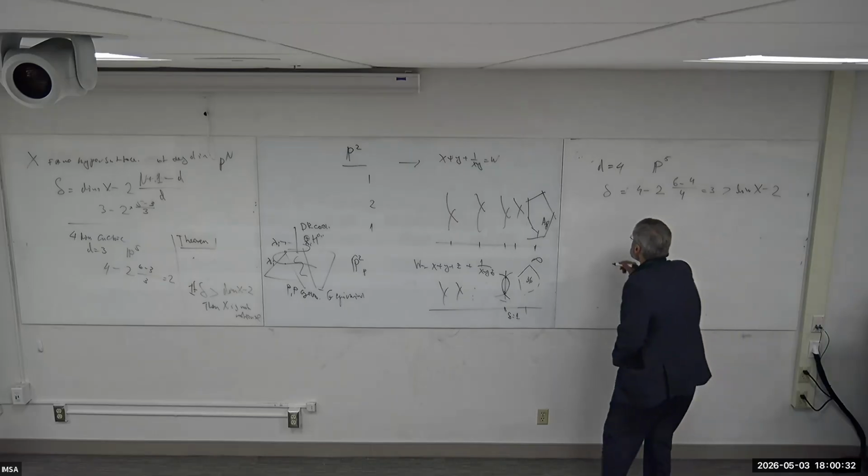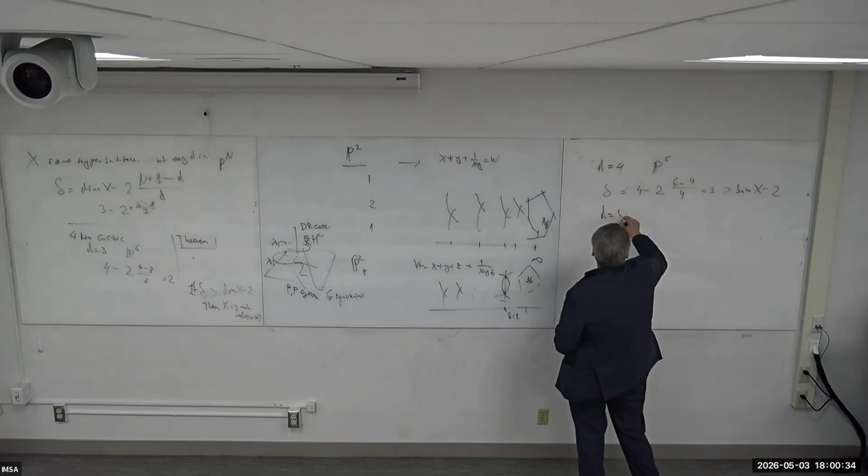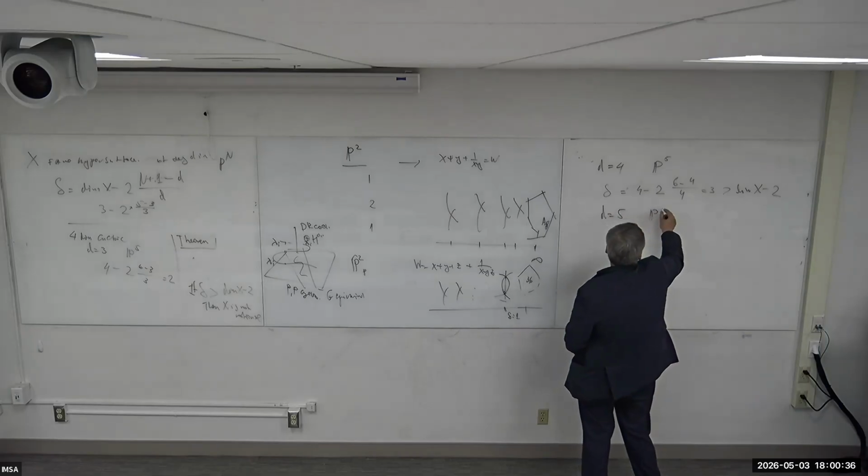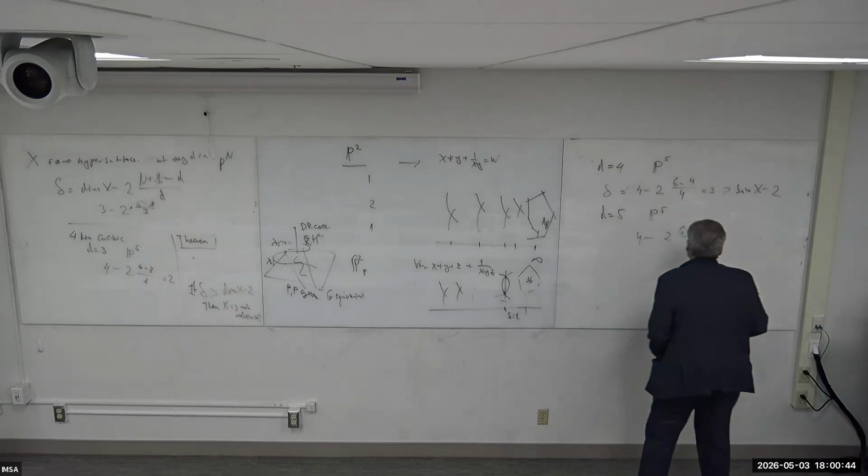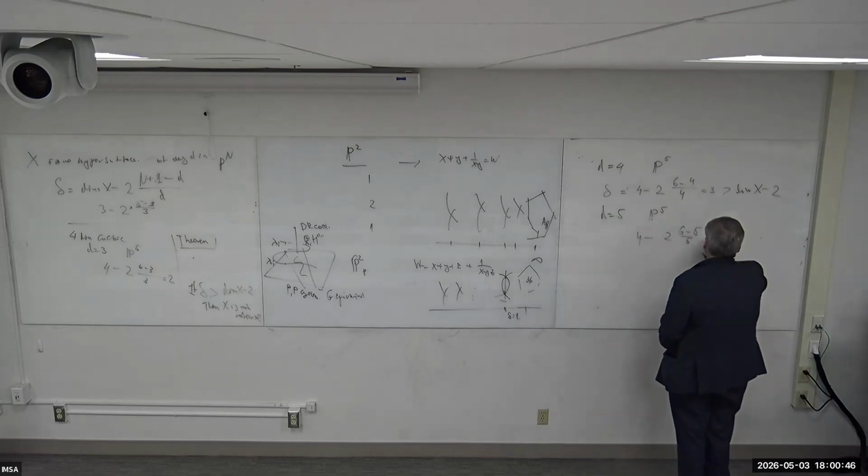So similarly, for d equal to 5, we have 4 minus 2. And so that is certainly bigger than, let me actually compute it.